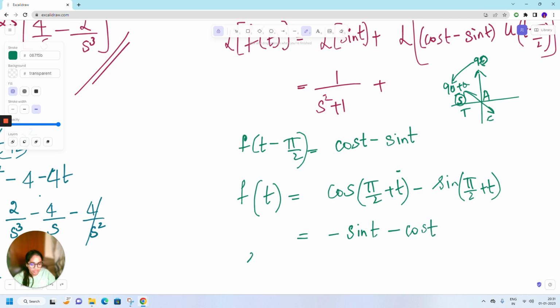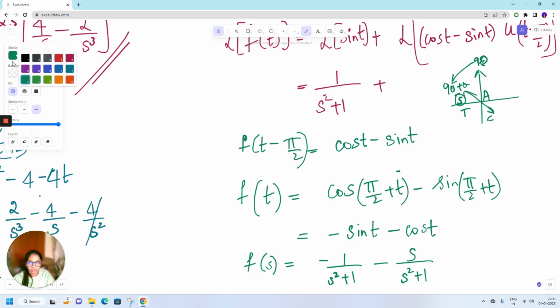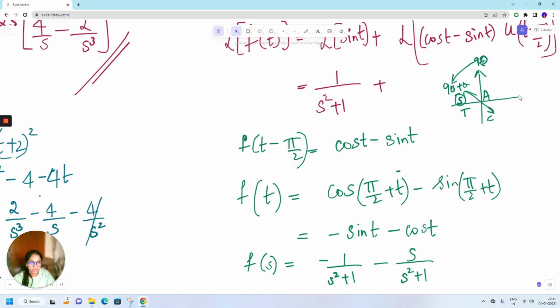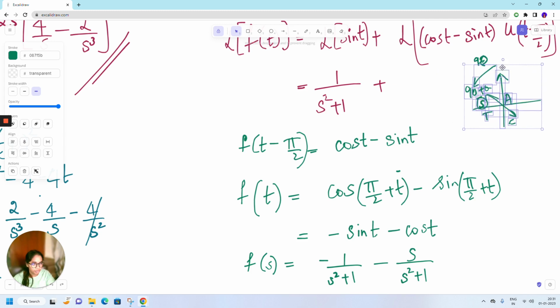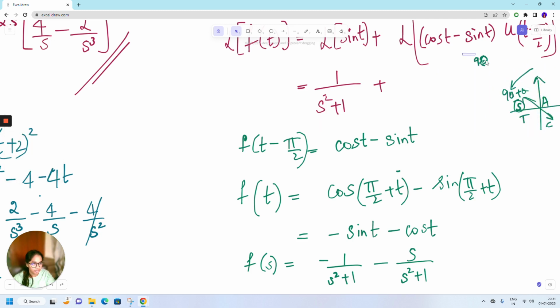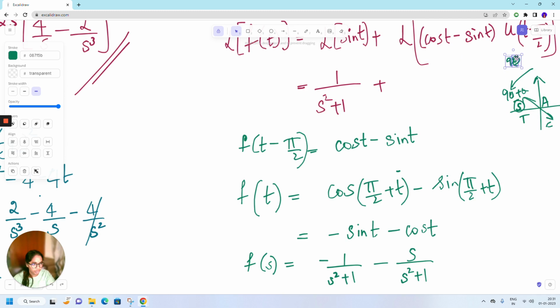Now what is Laplace of this? That is f of s would be negative 1 divided by s square plus 1 minus s divided by s square plus 1. Let me substitute that over here. What would I get? Yes, what would I get here?